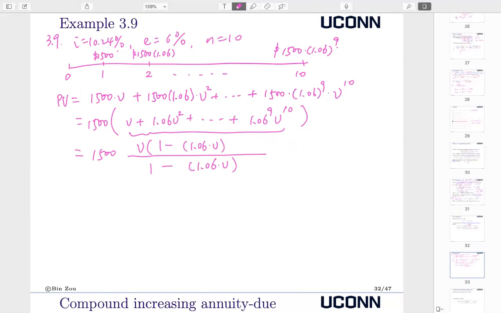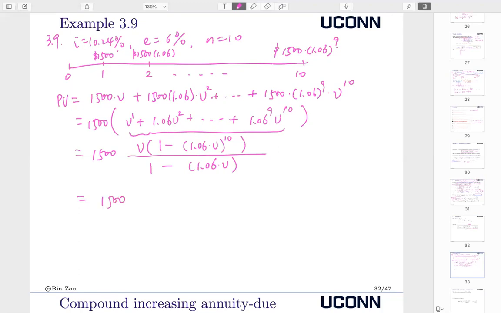It's easy: 1, 2, all the way to 10, so I have 10 terms. Throughout this course, I mentioned many times that if you really want to say there is a formula for this cost, it would be the partial sum of a geometric sequence. The rest is based on this simple result.